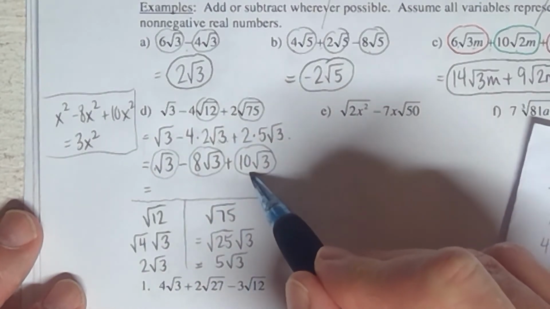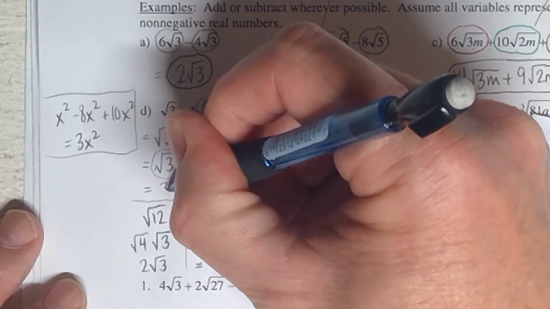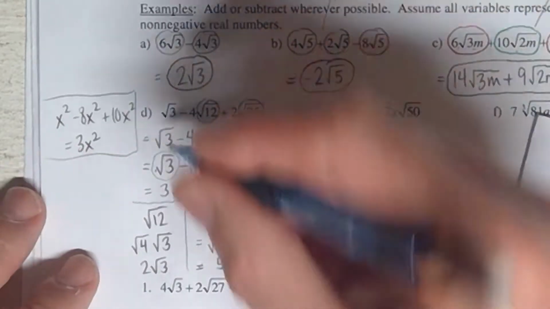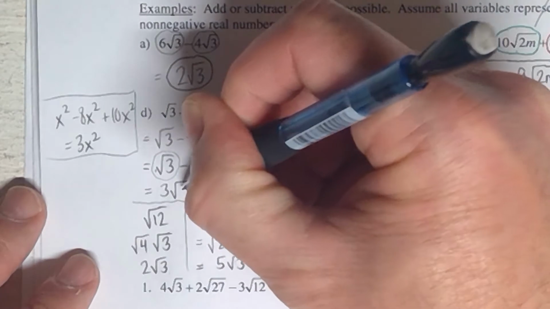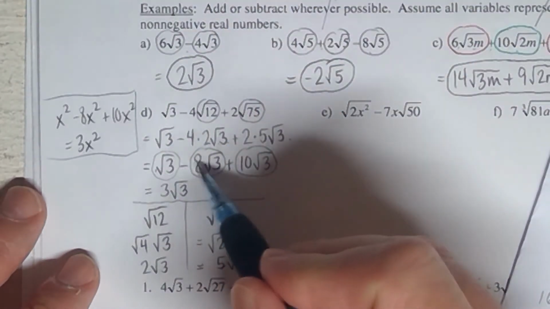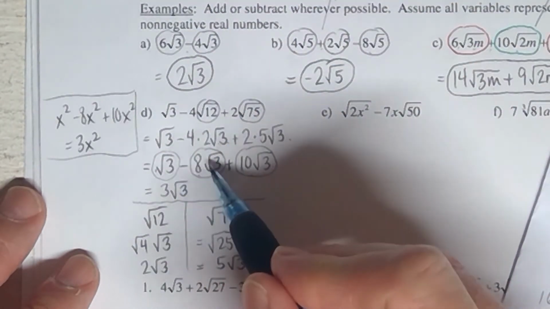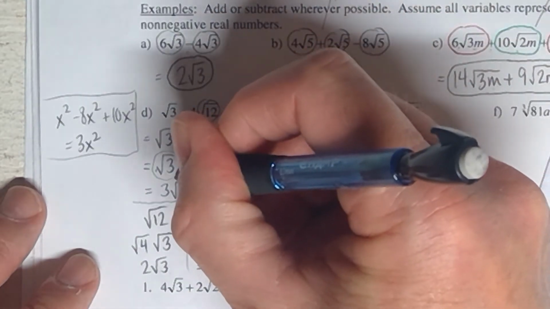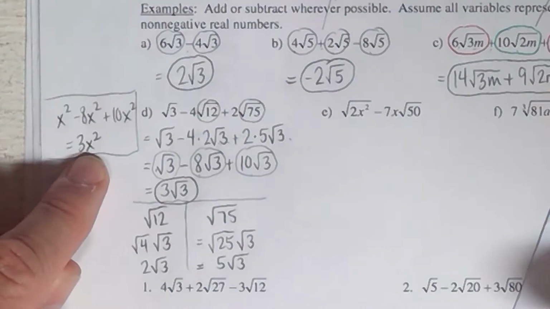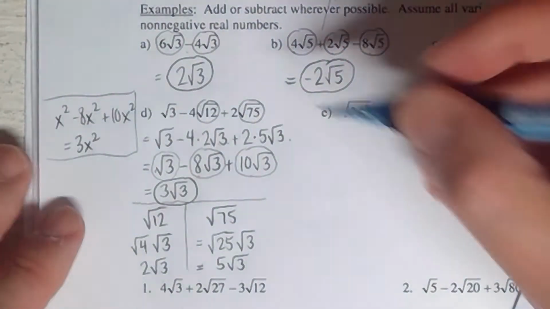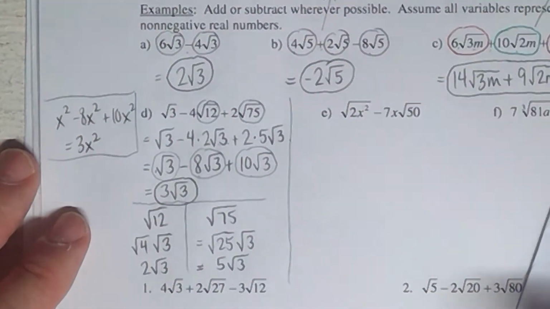And then negative 7 plus 10 is 3. Just like I got the 3 up here, I got the 3 here. And then don't forget that when you combine the like radical terms, the radical part stays the same, and bring that down into the answer. Just like we brought x squared into the answer right here. Okay. Let's try that again now.